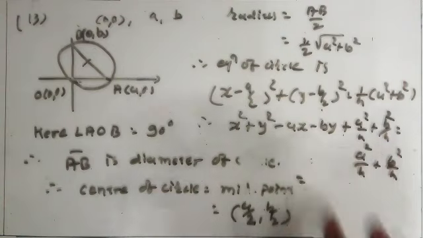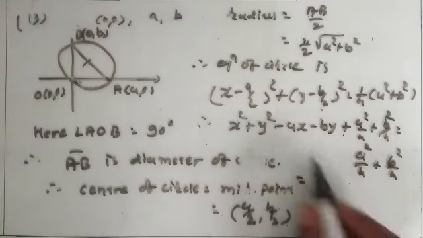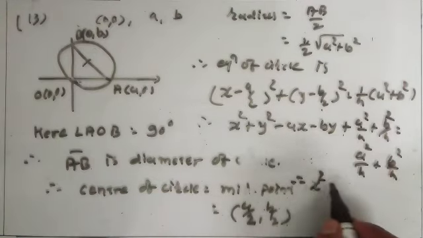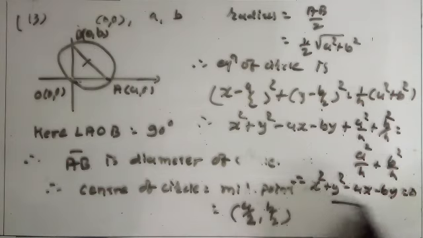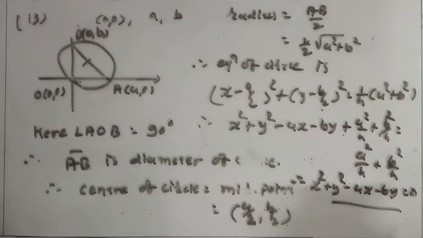So we get x square plus y square minus ax minus by is equal to 0.